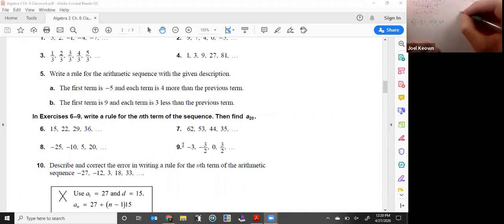And the number 9 is negative 3, negative 3 over 2, 0. So the rule and then find the 20th term.